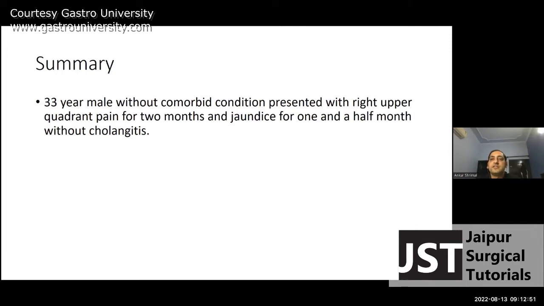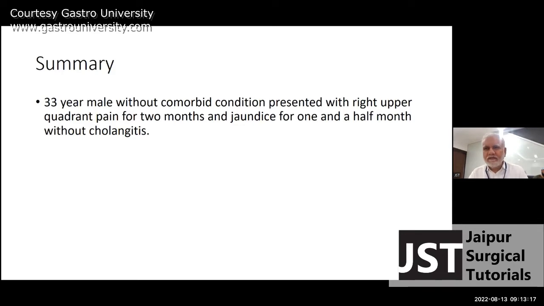So again and again I say that when you have to answer a question in a theory paper, you have to list all possibilities, even the rare ones. But when you are discussing a case, you have to discuss only the common, what is probable. What if you see 100 such cases, what you would see in at least 5 cases, not something which you would see in only 1 out of 100.